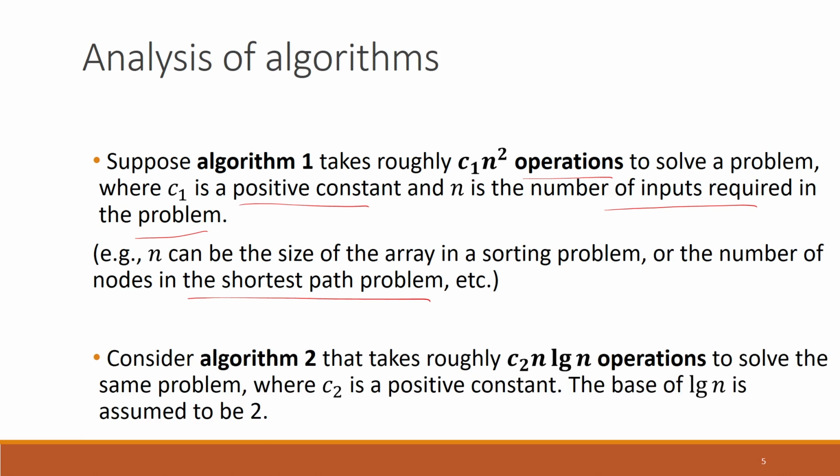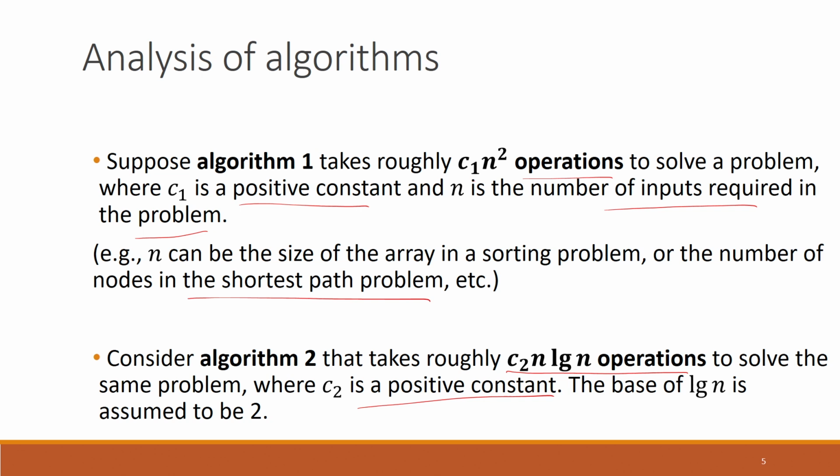Now let us suppose that we have another algorithm, algorithm 2, that roughly takes C2 n log n operations to solve the same problem, where C2 is a positive constant. Let us assume that the base of the log is 2 here, although this does not matter; even if it was another base, this example will still be relevant.